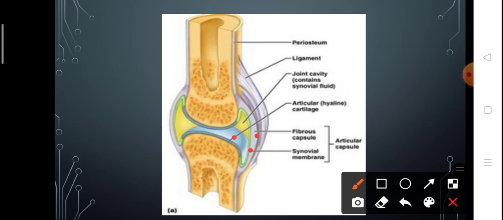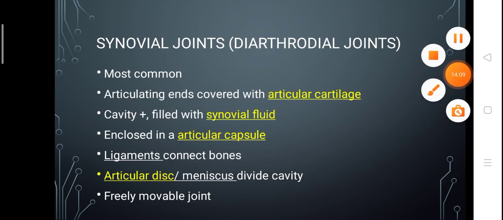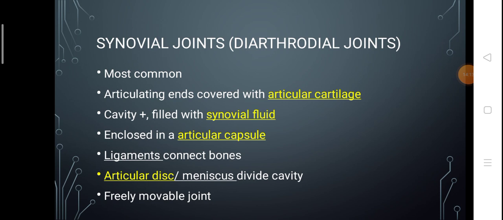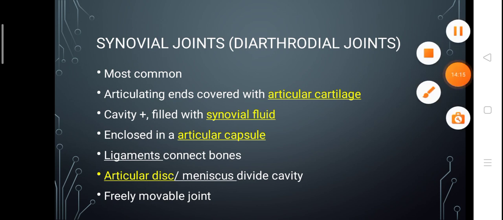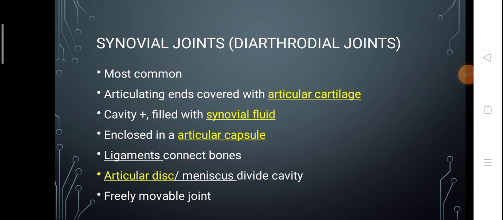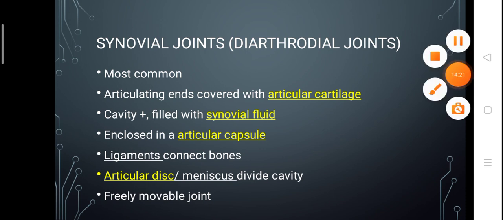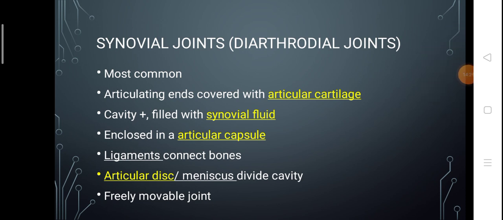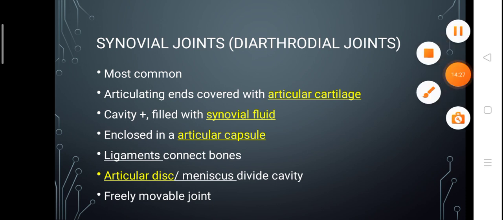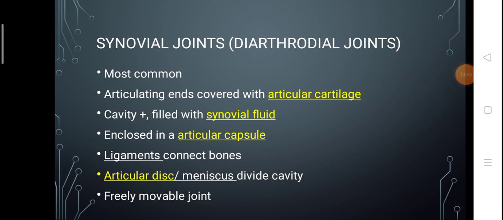Outside the capsule you have the ligaments connecting the two bones. Synovial joints are otherwise termed diarthrodial joints. It is the most common type of joint. Here the articulating ends are covered with articular cartilage, and there is a synovial cavity filled with synovial fluid.